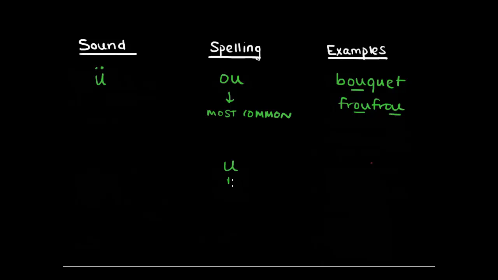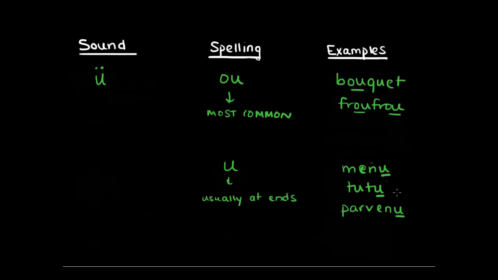Another feasible way to spell this is with just a U. Now this is going to be usually at the ends of words, like menu, also tutu, it's a French word with that, parvenu is another one. See how it's at the ends? Mostly it's going to be the ends.